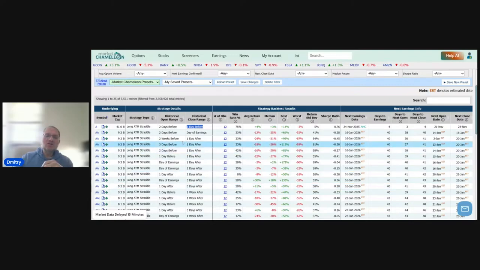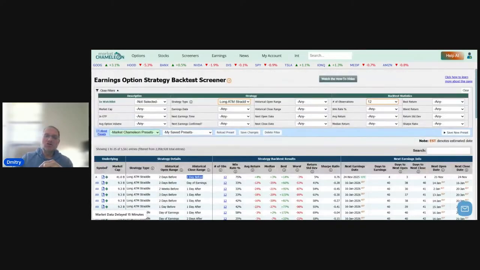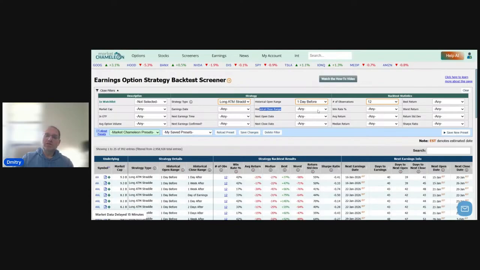So let's change the date ranges. The opening reference price will be the day before earnings, and the closing will be the day of the earnings. It's like we're looking at end of day right before the report of earnings.